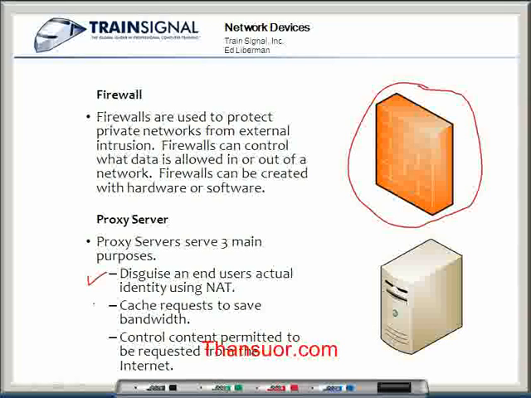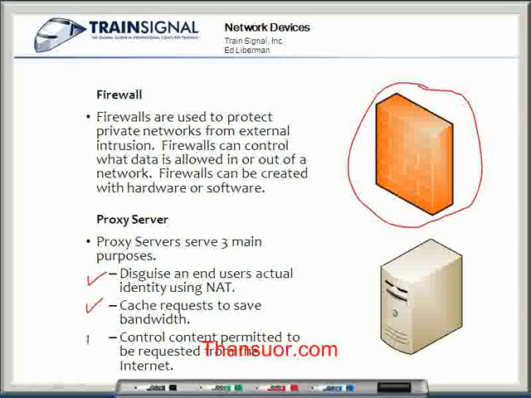But as I mentioned in that other video, and I'll mention again now, a proxy server can also cache requests to save bandwidth. Meaning if you have one internal client who requests content from a certain website, and then a second client makes the same request within a reasonable time frame, then the proxy server can go ahead and reply to that request without ever having to go out to the internet.